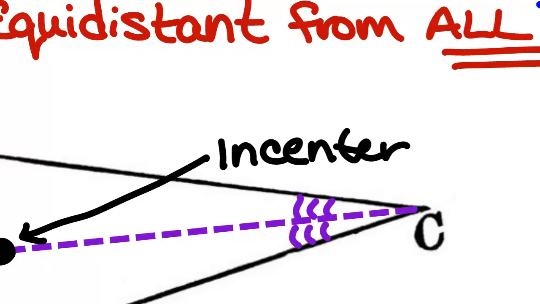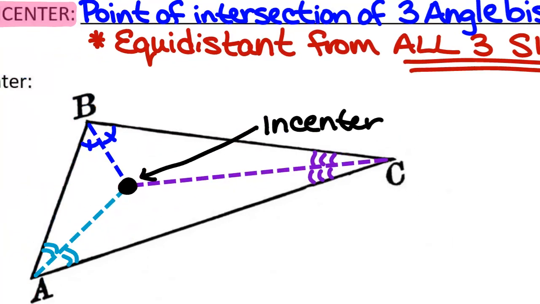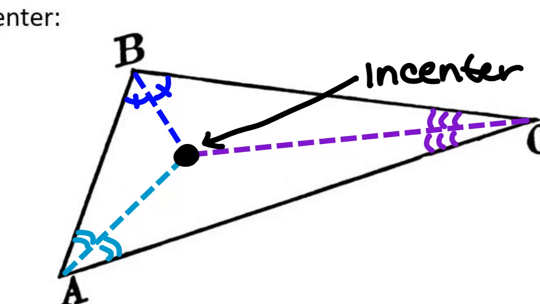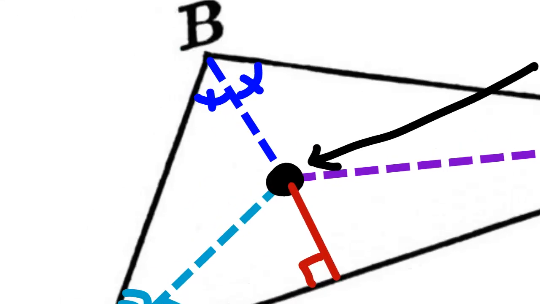Now we're going to draw in segments that go from the incenter to the sides of the triangle. And where it comes down to meet the side of the triangle, it makes a right angle.